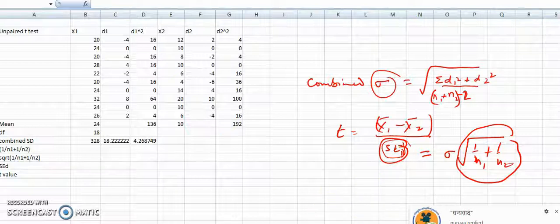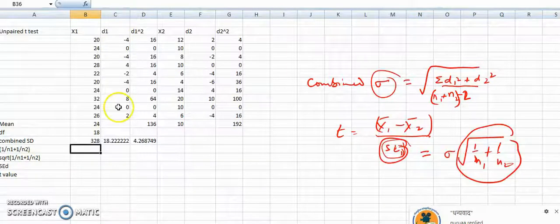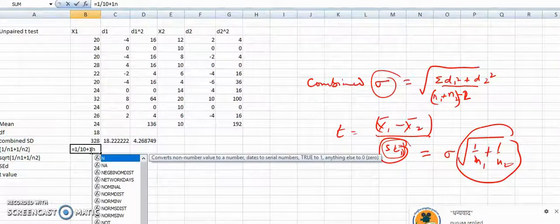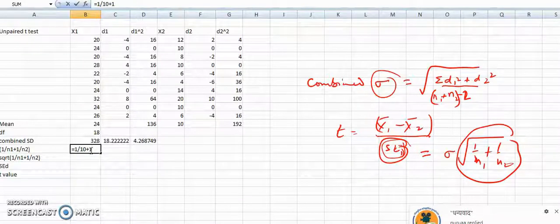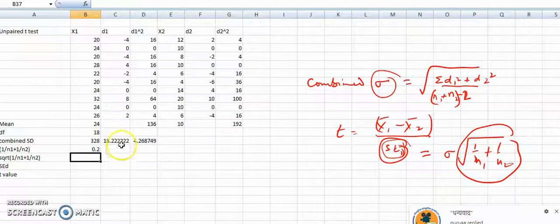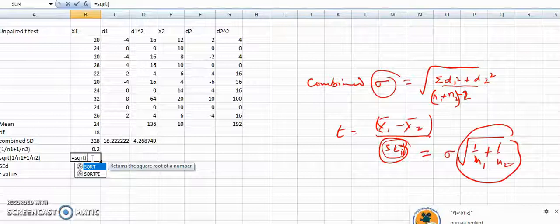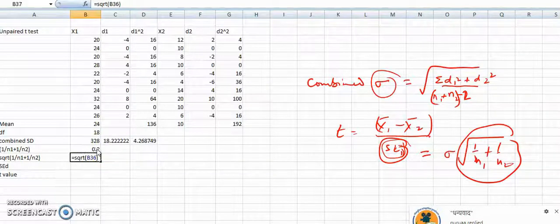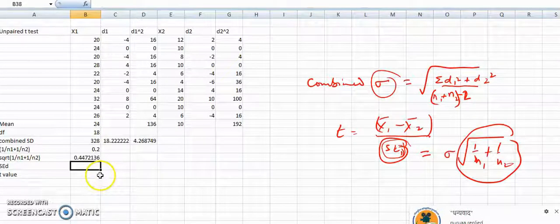So let us first find out this one, 1 by n1 plus 1 by n2. What is that? Equal to 1 by n1 is 10 plus 1 by n2 is also 10, 1 by 10 twice. So it is 0.2. The square root of that, using SQRT, is 0.447216.